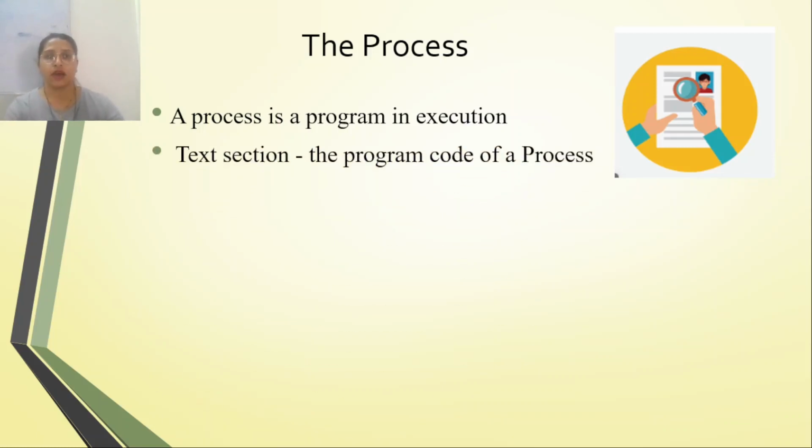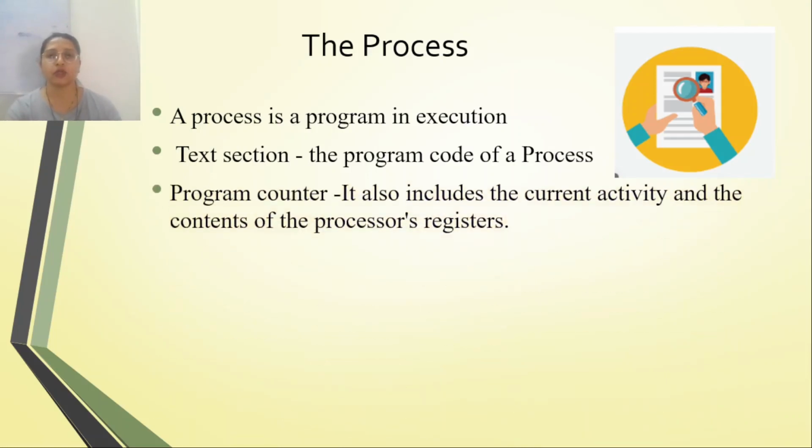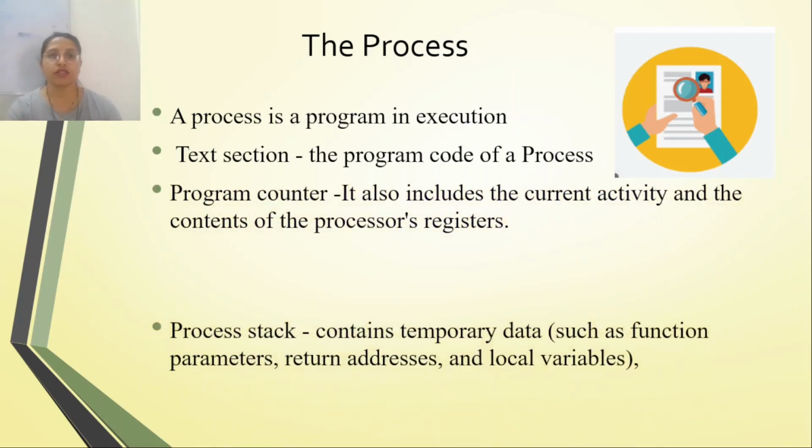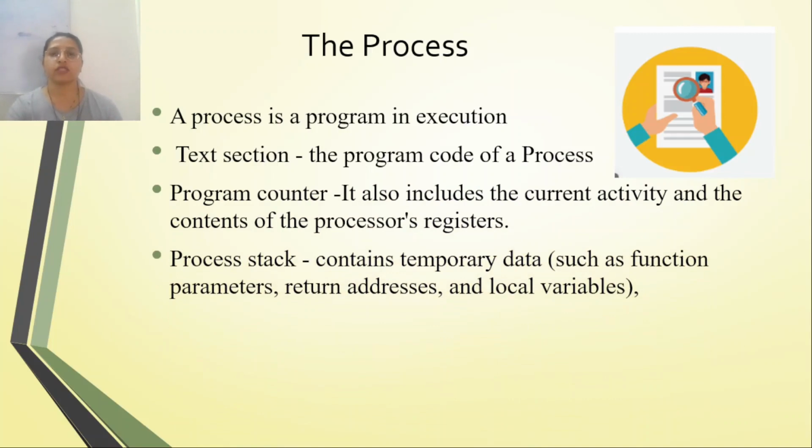For making it easier, the process is divided into sections. First is the text section, which is the program code. The program counter is your current activity, because once the process is executing, the CPU can switch to a different process. If it is going to switch to a different process, the current activity of the previous process should be saved properly.